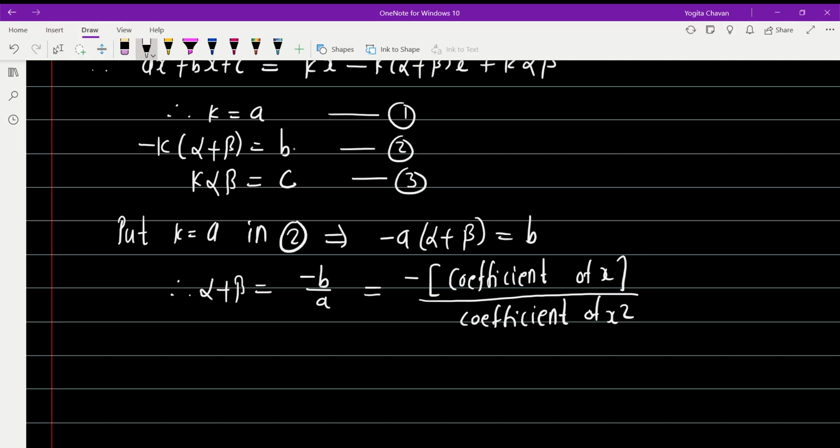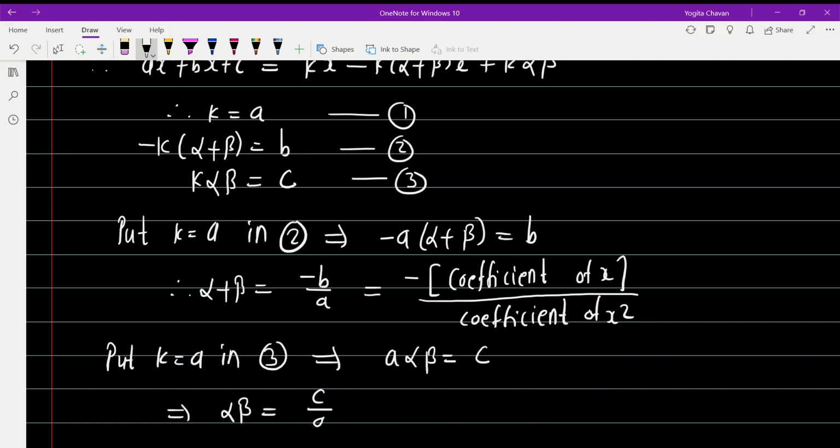Now put k is equal to a in which equation? In number 3. This implies k equal to a, so it is a into alpha into beta is equal to c. So this implies alpha into beta is equal to c divided by a. Now what is c?